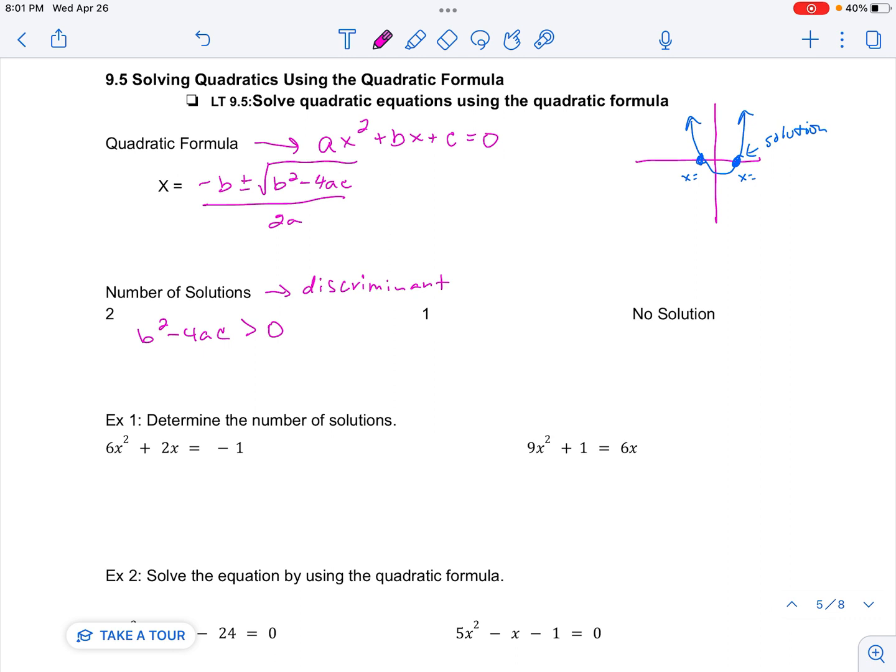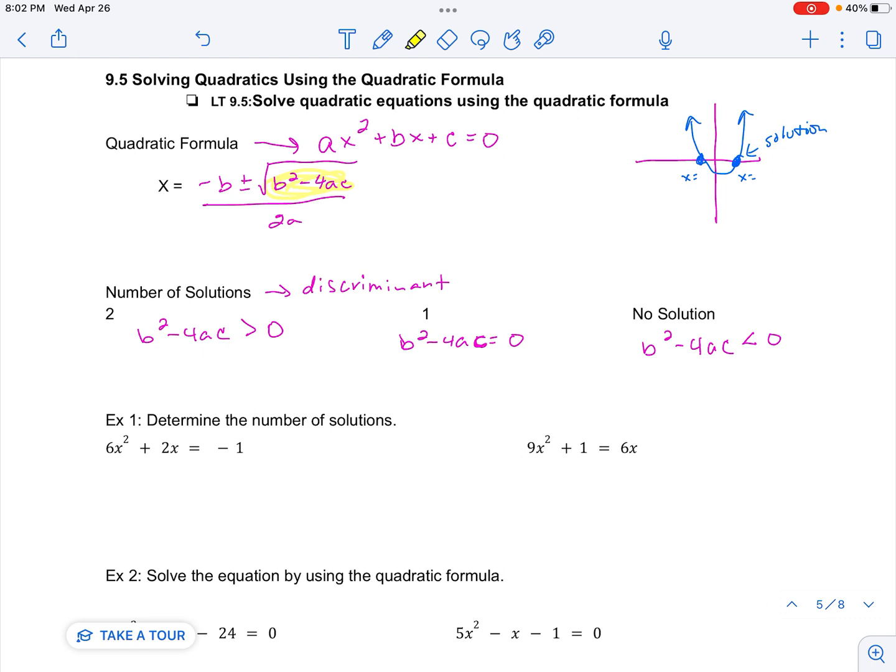If there is one solution, b squared minus 4ac equals 0. If there is no solution, b squared minus 4ac is less than 0. Again, this is what we call a discriminant. It is just the portion that is underneath your square root. That tells you some information as far as how many solutions you're going to have.